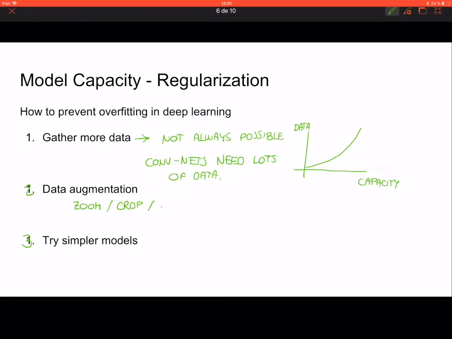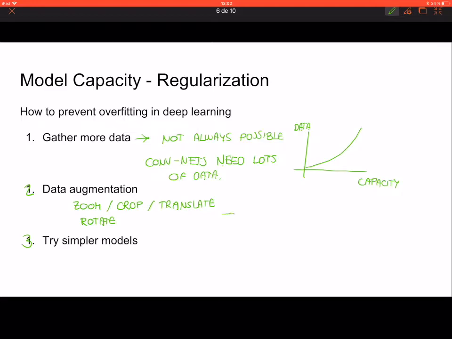You can also apply translations. So again, translate in the sense of moving elements around, moving objects around. You can rotate the image. There's a series of transformations that you can apply in order to get new data from your existing data.